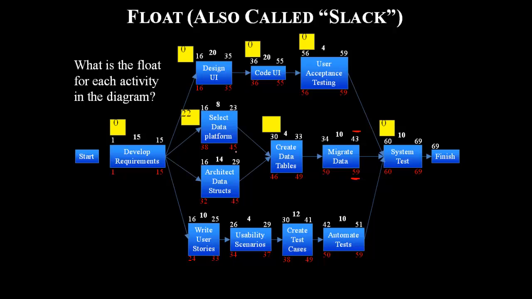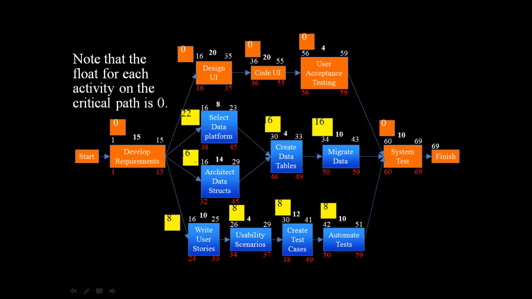Similarly, 45 minus 23 is also 22. 46 minus 30 would be 16. Similarly, 50 minus 34 would be 16. Again, 32 minus 16 would be 16. 24 minus 16 would be 8. 34 minus 26, 8, 8.